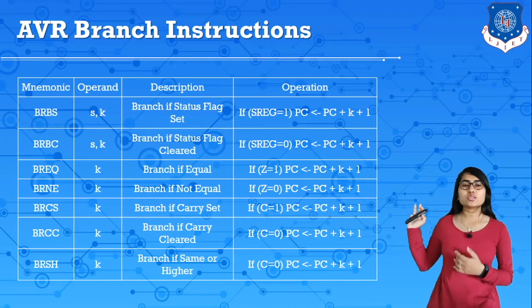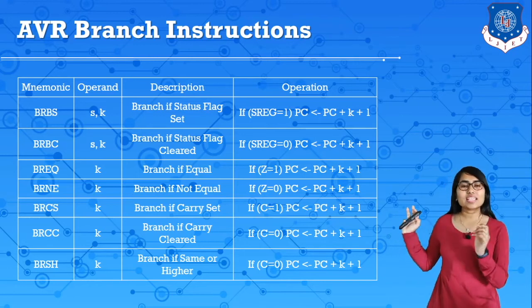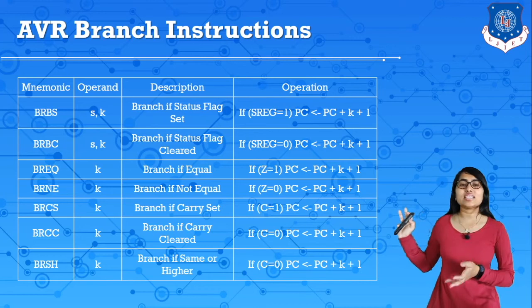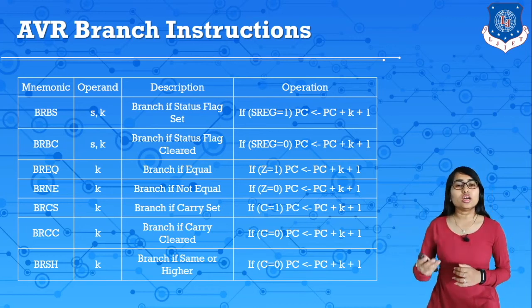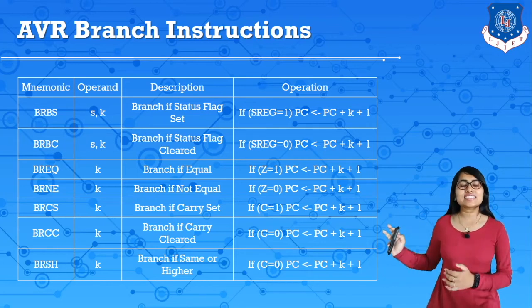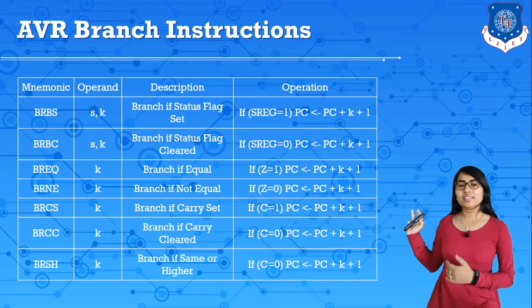Now next is branch if carry set. So BRCS at K location. Branch if carry set, that means if C equals 1, then jump to this location. Then next is BRCC, that means branch if carry clear. So if C equals 0, then jump to this location.